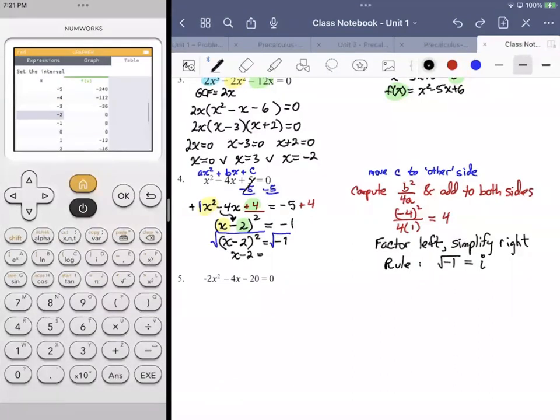I have to account for both possibilities. So plus or minus i, and then add 2 to both sides. x is equal to 2 plus or minus i. And that would be your final answer.